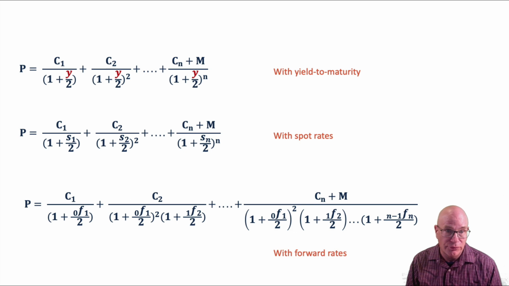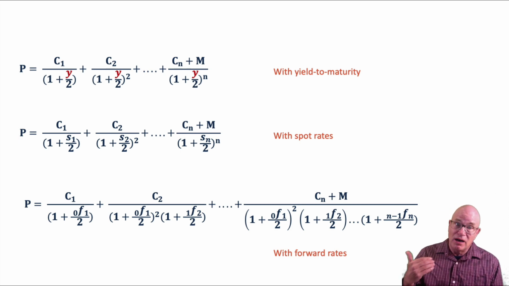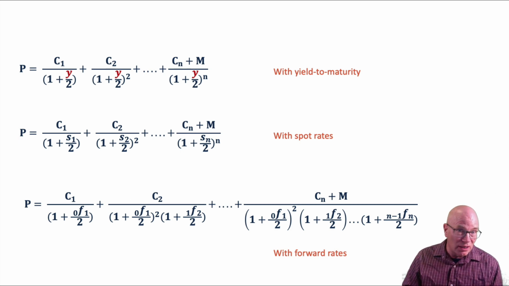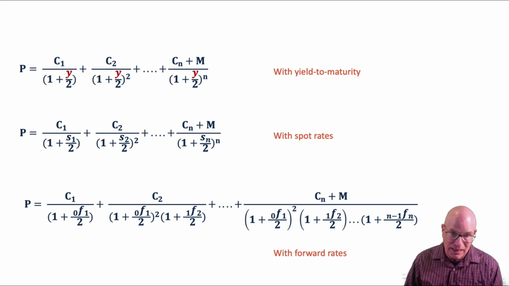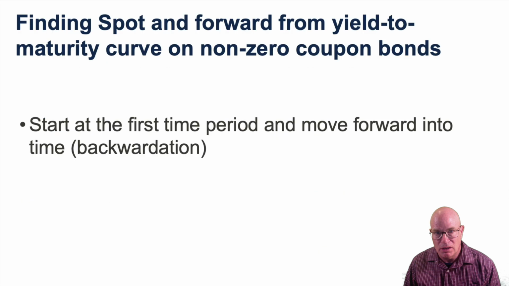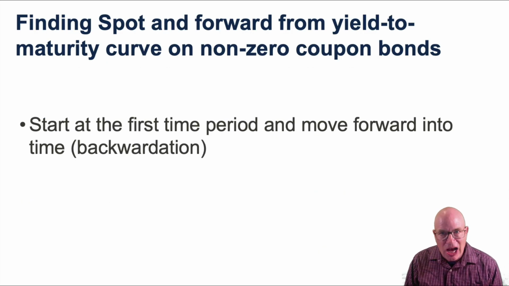And we've shown the relationship between forward rates and spot rates before. There obviously is a relationship between the yields and the spot rates, and then that will lead to the forward rates as well. We can find the spot and the forwards from the yield to maturity curve on non-zero coupon bonds.